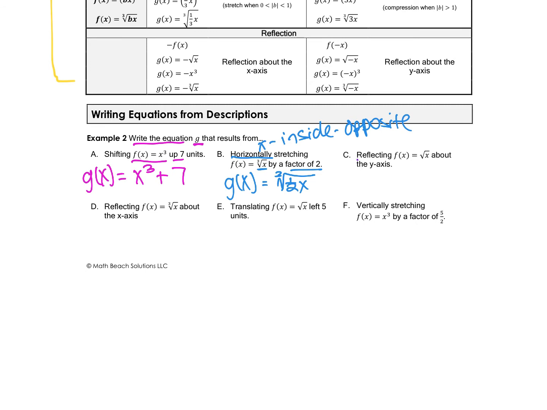Okay, so now we're going to be reflecting about the y-axis. Anytime you reflect about the y-axis, if you look at that chart there, it's on the inside. So it's the opposite. So it just makes that x on the inside negative.